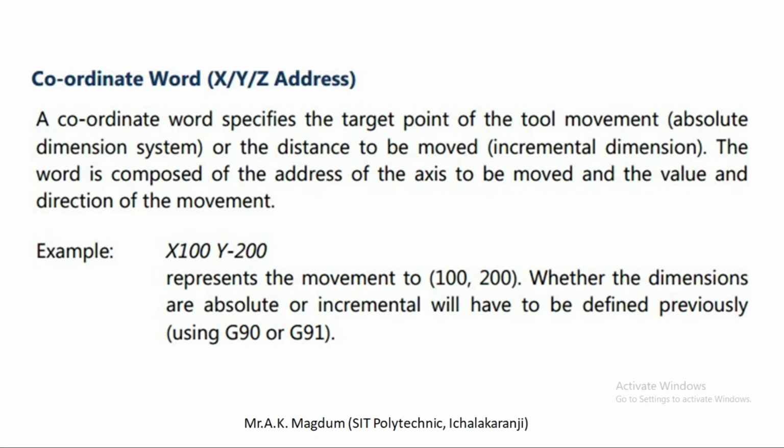Otherwise, if you do not mention which dimensioning method you are using for the preparation of the program, the machine has no mind of its own, so there may be a chance of damaging the machine. For that reason, clearly mention which dimensioning method you are following at an initial stage, or previously in the programming block. Then only the machine will understand and the control unit will follow that path.